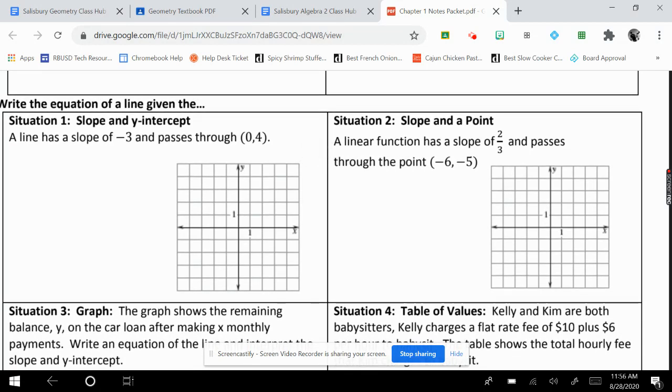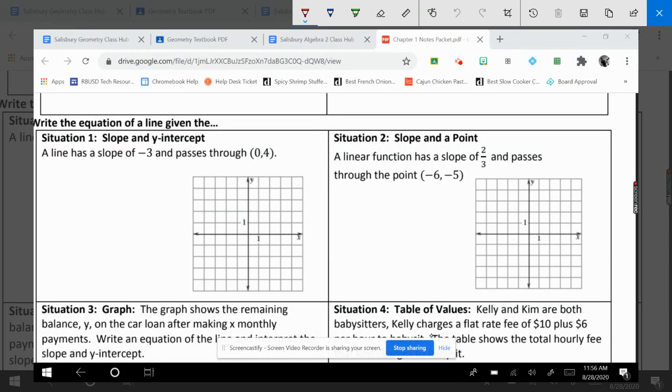Okay, well, maybe we should graph it, I should say. It goes through 0, 4. 1, 2, 3. Wait, that's our y-intercept. So we have a slope and a y-intercept. Which one should we probably use? Well, we look up at the top and we see, okay, slope-intercept form has a slope and a y-intercept. So we end up with y equals negative 3x plus 4.